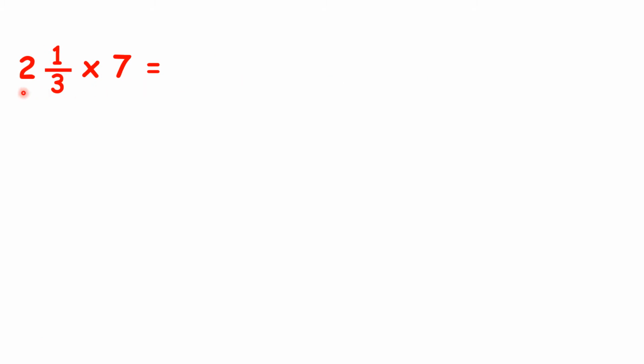So now pause the video and try 2 1/3 times 7. So we can change 2 1/3 to an improper fraction and multiply by 7/1. So 7 times 7 is 49, and 3 times 1 is 3, so we have 49/3 as our answer. But that's an improper fraction, and we want our answer to be a mixed number.